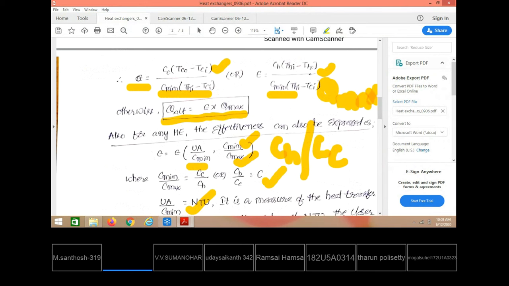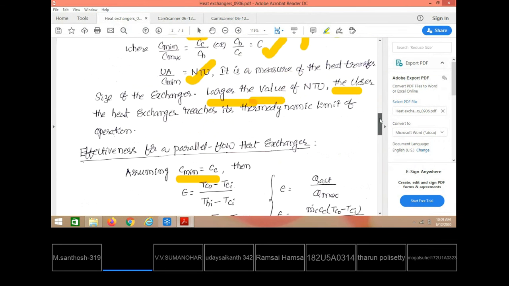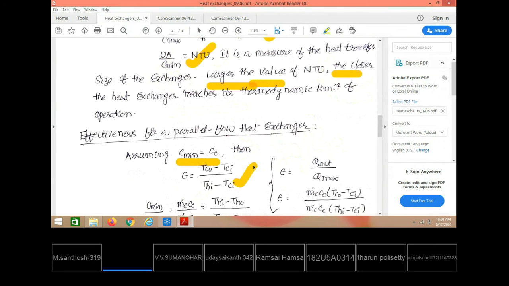From this relation, effectiveness equals C minimum into (Tc out minus Tci) by C minimum into (Thi minus Tci). Then this and this get cancelled. The ratio left out here is (Tc out minus Tci) by (Thi minus Tci). That is what we have written.